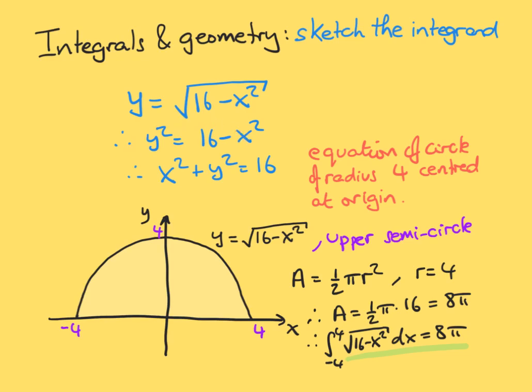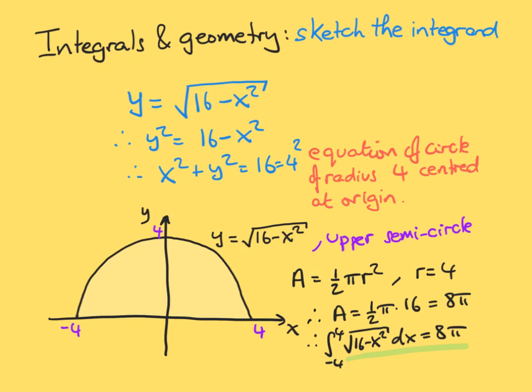If we bring the x squared over to here, we have x squared plus y squared is equal to 16, which we can also, of course, say means it's equal to 4 squared. This is the equation of a circle of radius 4 centered at the origin.